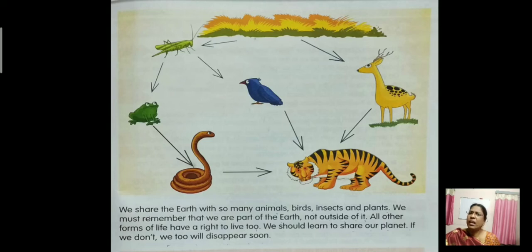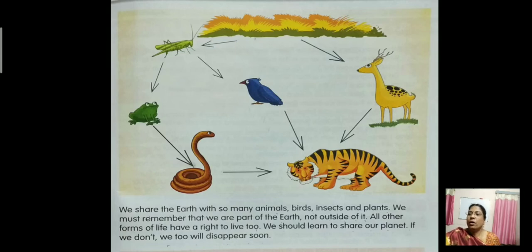We have read The Tale of Peter Rabbit, children, isn't it? So what is the difference in the purpose? Yes, very good. In this lesson, the author's purpose is to persuade us, to inform us to save the tigers. Whereas in The Tale of Peter Rabbit, it is just entertainment.